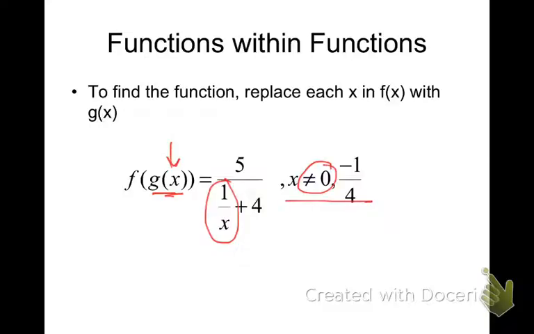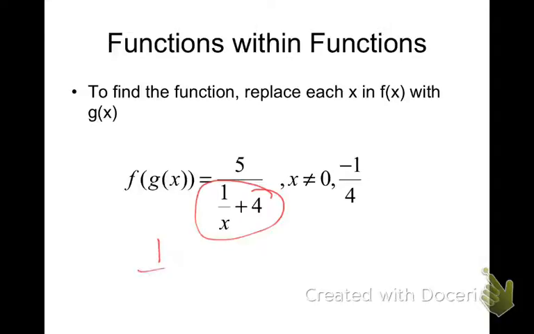But there's also the restriction that x cannot be negative 1/4. And we found it in the last slide by setting 1 over x equal to negative 4, because that was excluded from f of x. But you could wait until you get to the end and say, okay, now this cannot be 0. 1 over x plus 4 cannot be 0 in my new function. And you solve that. And some of you are thinking solving that is a nightmare. It's not as bad as you think.